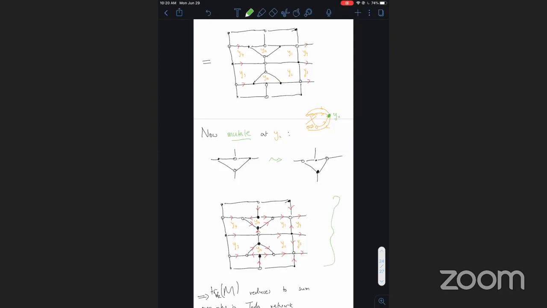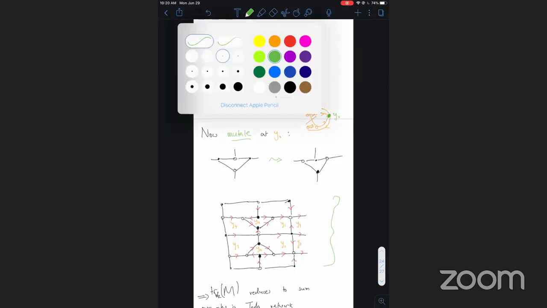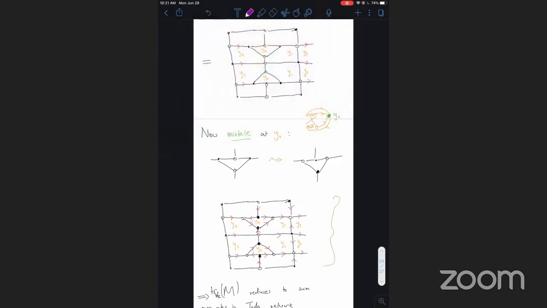Okay, but now notice something really nice has happened, which is that all the paths are constrained to lie within these two that I'll draw maybe in purple.